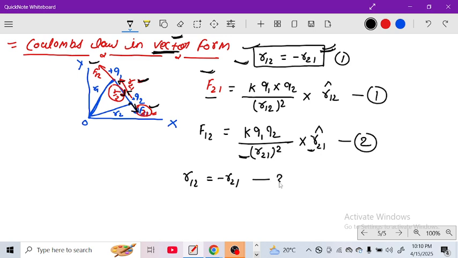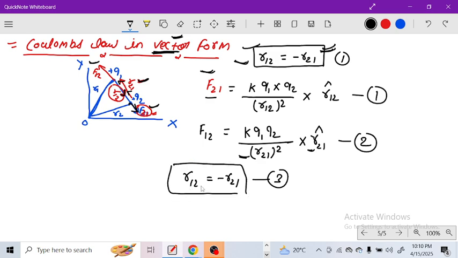I will take this as equation 3, Kavya. Okay, so if I put this value R12 is equal to minus R21 from equation 3 in equation 1, what will we get? Putting the value of 3 in 1.